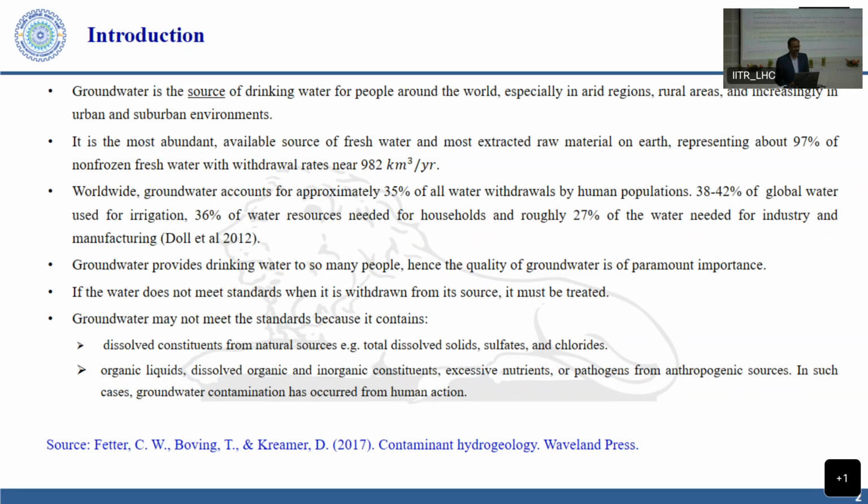These have certain limits, and once they cross the limit, the water cannot be used for drinking. It may also contain dissolved organics, inorganic constituents, excessive nutrients, pathogens, and contaminants from anthropogenic sources. In such cases, groundwater contamination has occurred from human action.